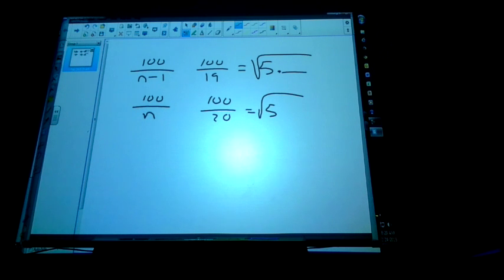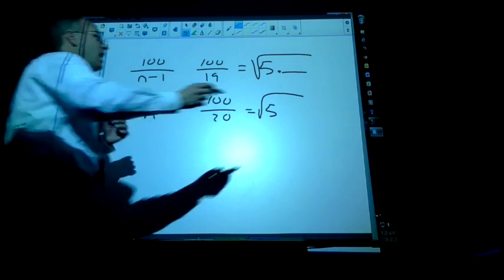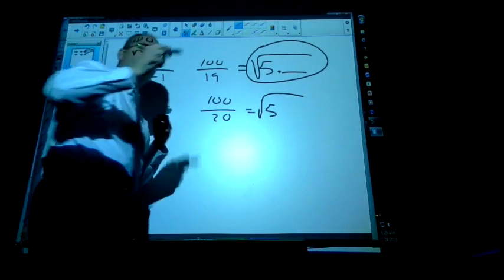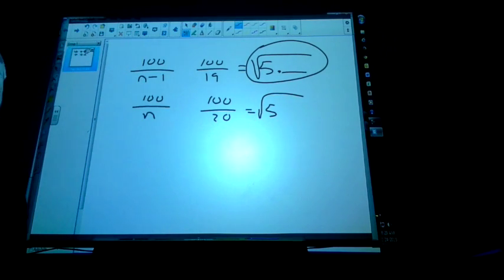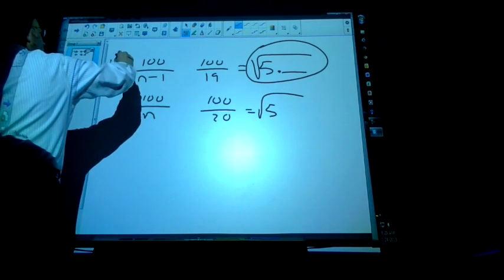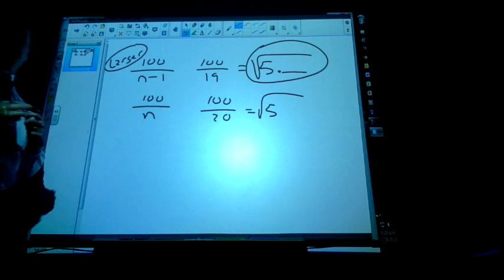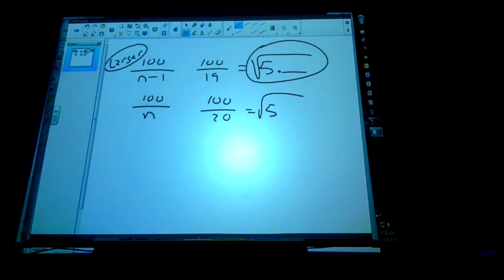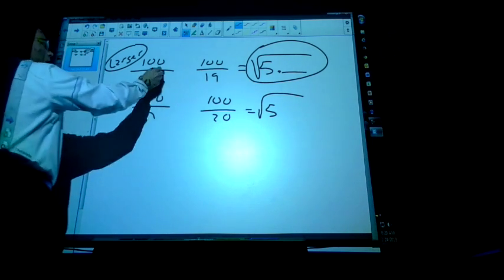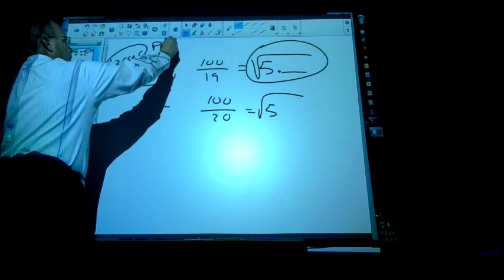Is 5 point a decimal bigger than 5? Yes. So this has a larger answer if we take the square root of it. But what's sample? What's the squiggly thing? So one's a population. But which one of those? If you have n minus 1, this is a sample. Okay.